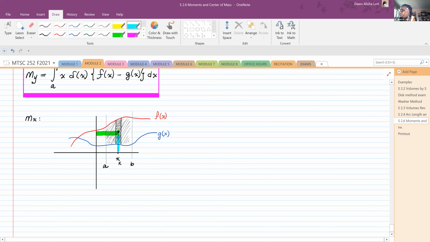So I got to figure out that distance. So now it's again still yk, so I'm still going to get that Mx is approximately the sum k equal 1 to infinity of yk times delta of xk times f of x minus g of x dx, because that part is the area, so that doesn't change.